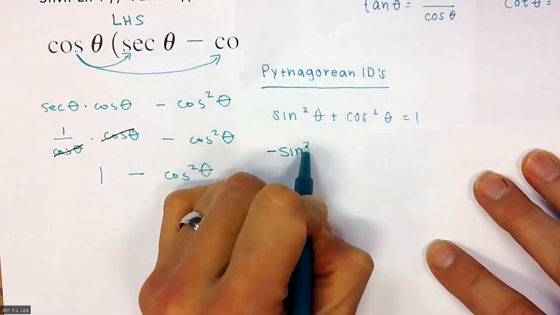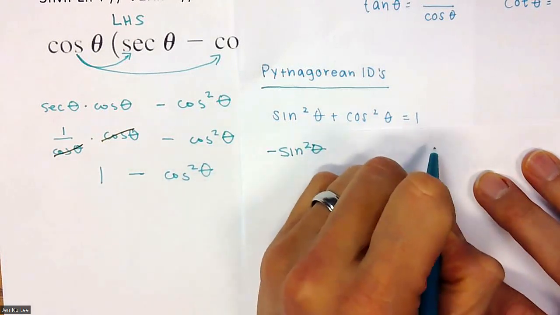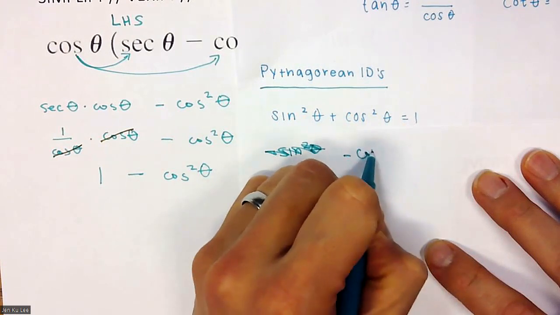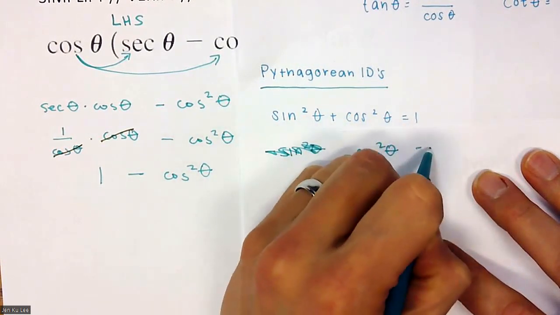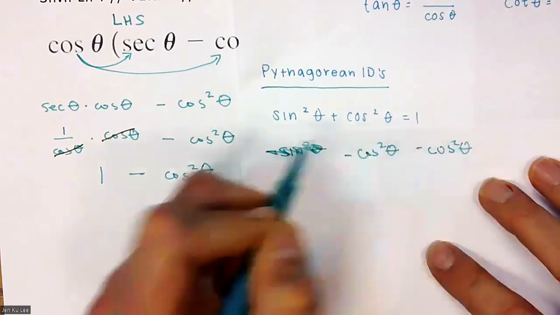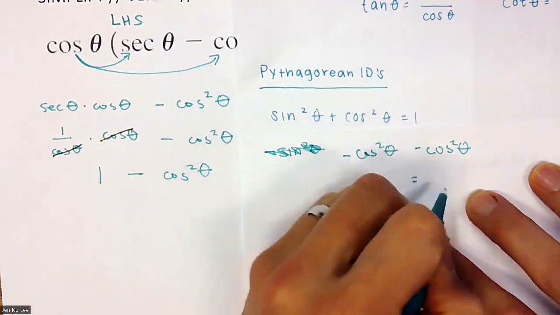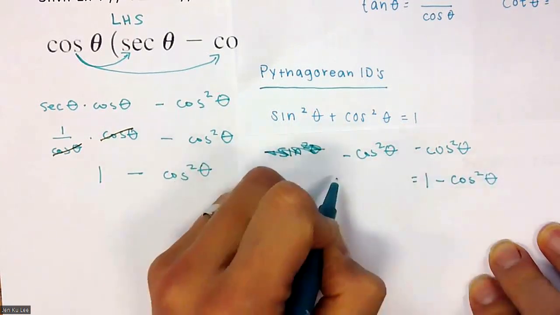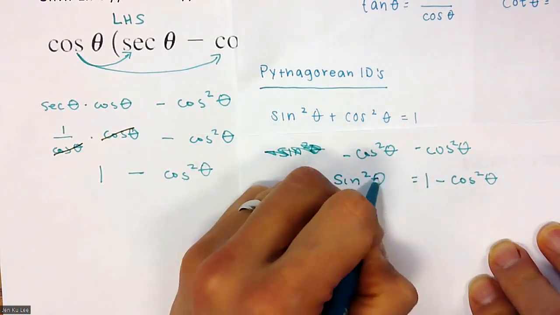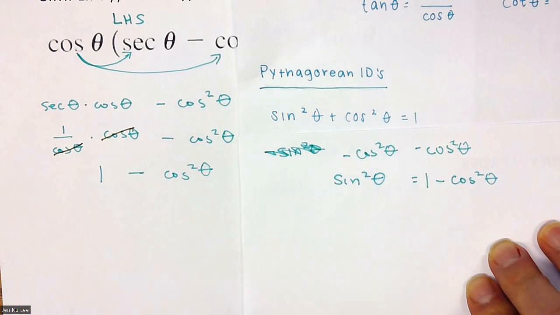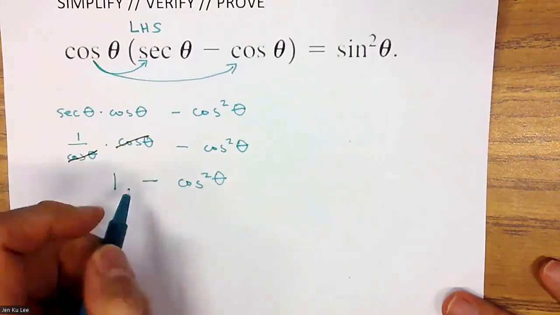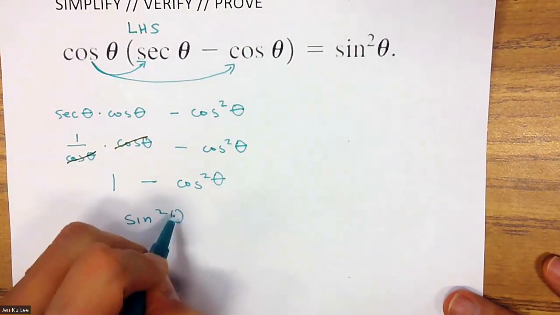If I subtract cosine squared theta from both sides, I would have on my right-hand side 1 minus cosine squared theta, which equals sine squared theta. So this equals sine squared theta.